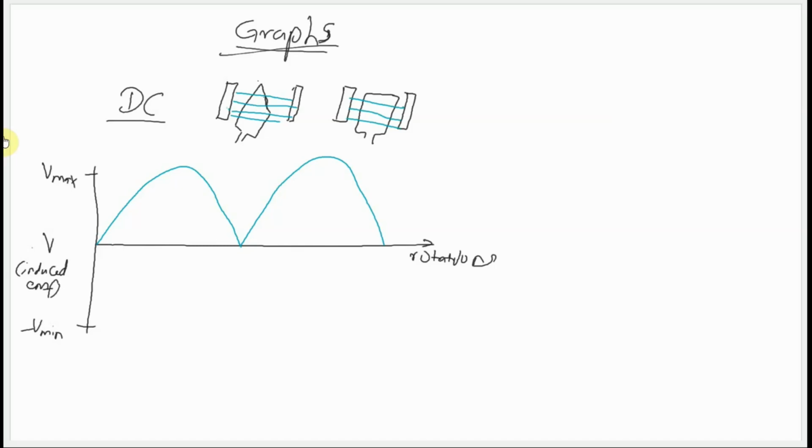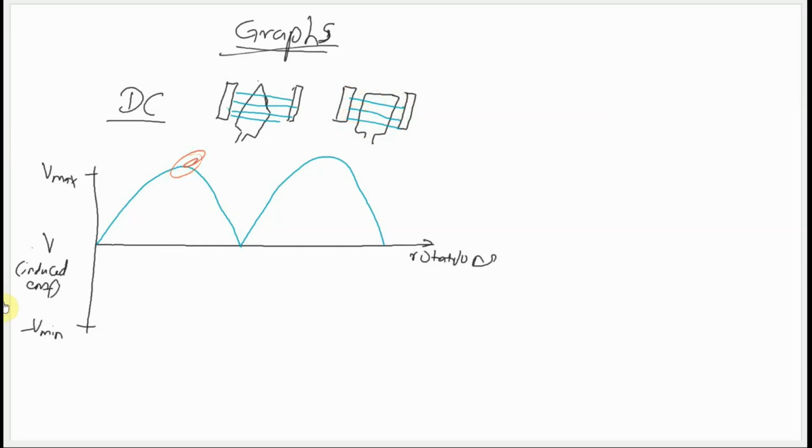So when the position of the wire is parallel, let's say the horizontal position, then the induced EMF will be at the maximum at this position.